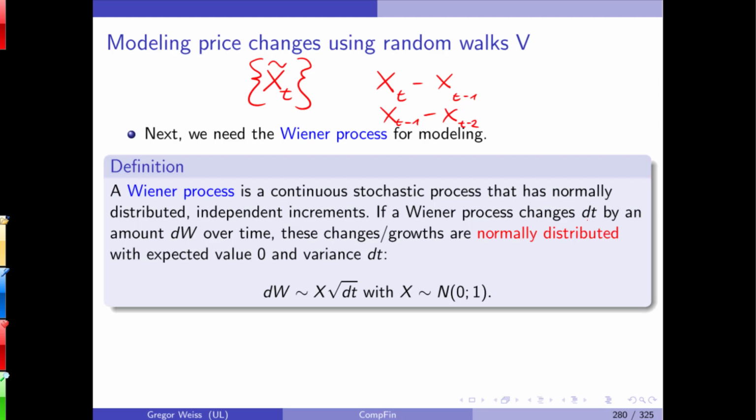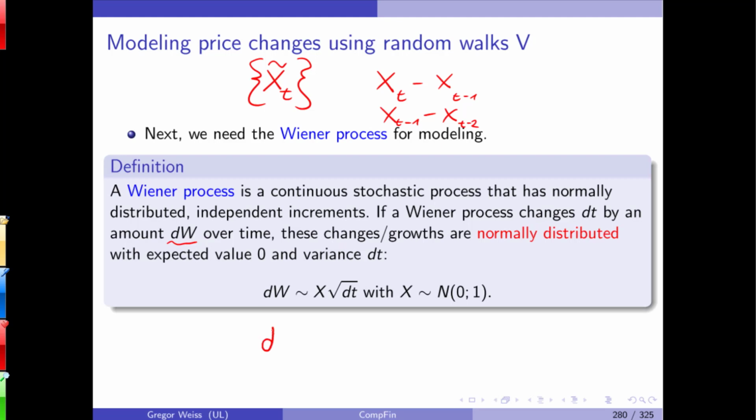And if a Wiener process changes dt, if time changes dt, we'll have a change in the Wiener process of dW, and these changes are normally distributed. And you usually write this in the following way.